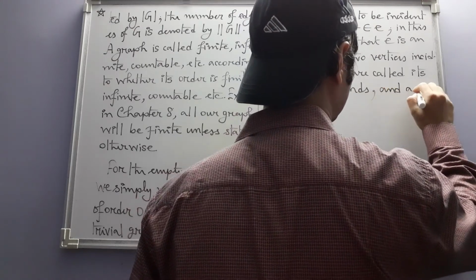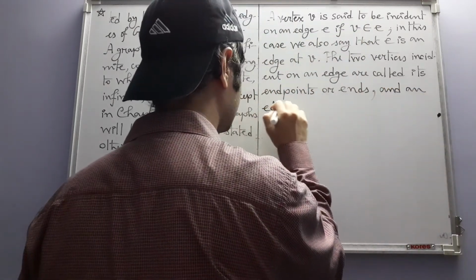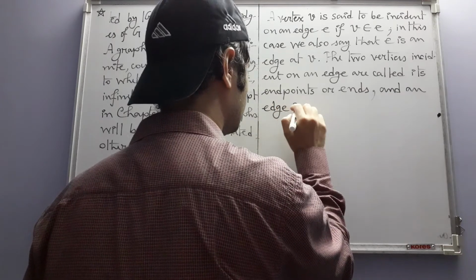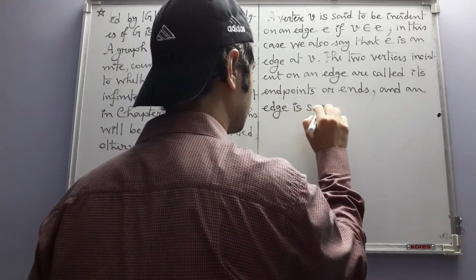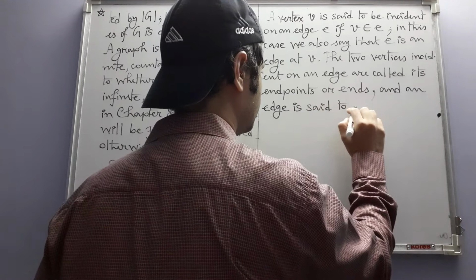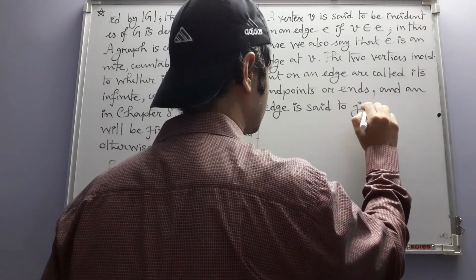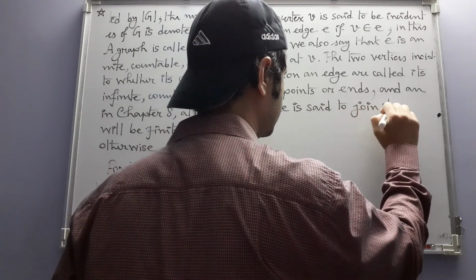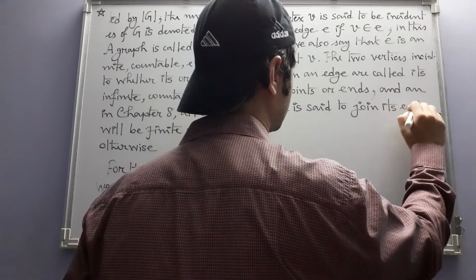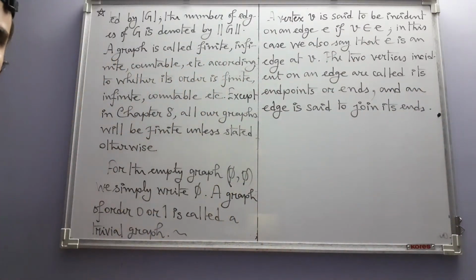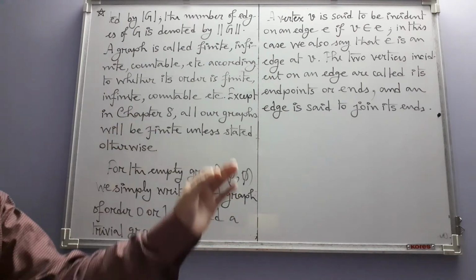And an edge is said to join its ends. So we will say that the edge {1,2} joins the vertices 1 and 2.